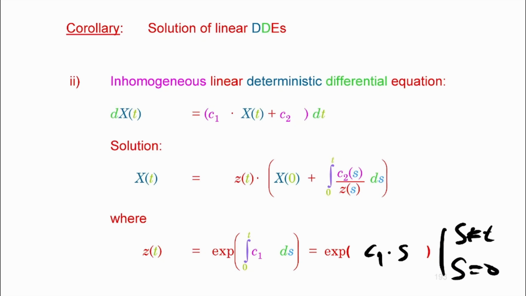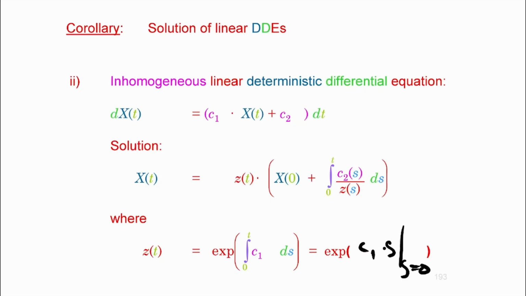Or inside there. Sorry, that was wrong. C1 times s, and inside, as the exponent. So not outside, inside the exponent. You go from 0 to t. This is it, okay? Not outside of it, inside of it. Sorry, I was wrong.